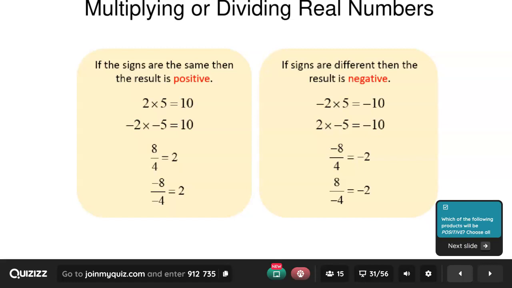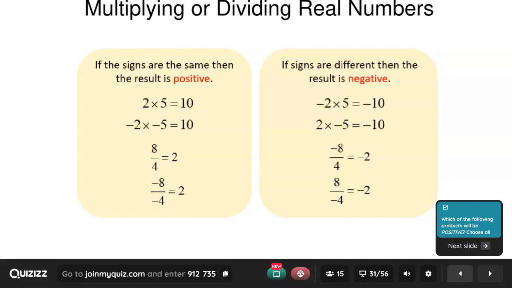So the product of two positives and the product of two negatives is always a positive answer. Same thing with division: divide two positives, divide two negatives, we always get a positive. If the signs are different, doesn't matter which one's bigger or smaller, it will always be a negative quotient or a negative product. Okay? So same signs positive, different signs negative.